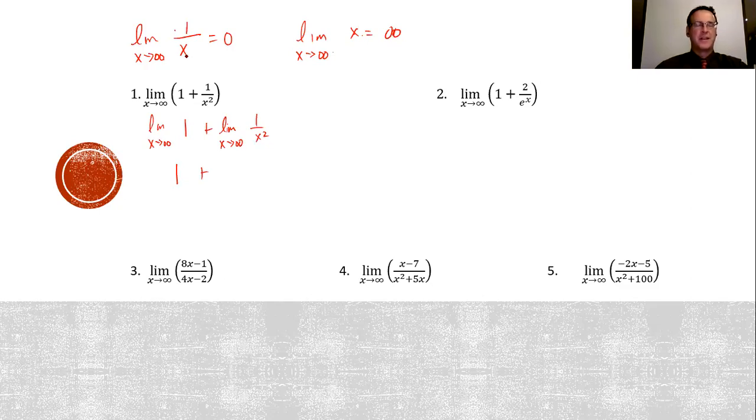The limit as x approaches infinity of 1 is just itself. And for the limit of 1 over x squared, we've already said that if it's 1 over x, this equals 0. This gets closer to 0 even more quickly, just because x is being squared in the denominator. So this will also be 0, and we'll put 0 as 1.